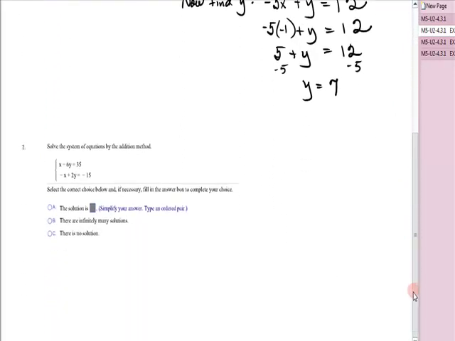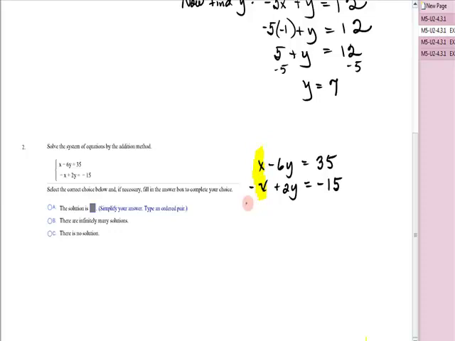Let's look at problem number 2. I have x minus 6y is equal to 35, and negative x plus 2y is equal to negative 15. Is this system ready for the addition method? Well, look at your x's. Those have coefficients of positive and negative 1, which are opposites.